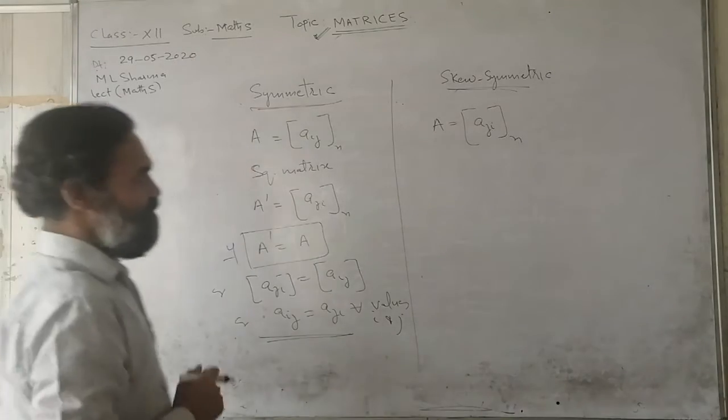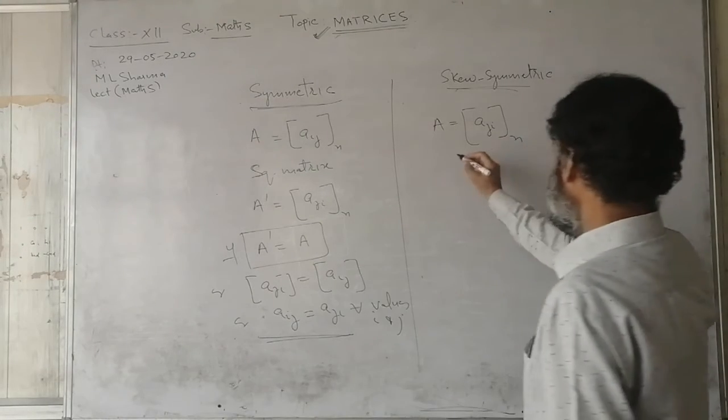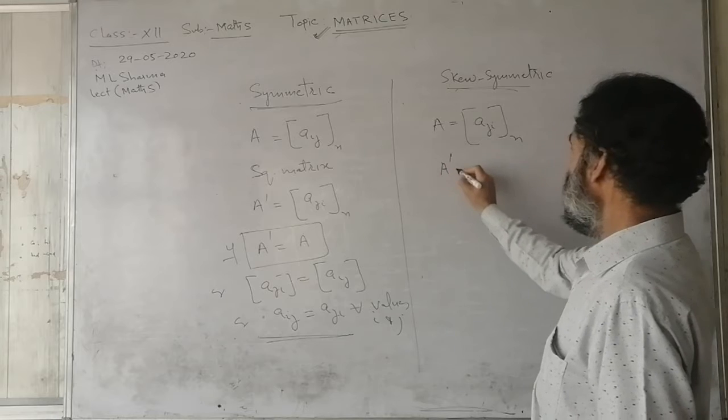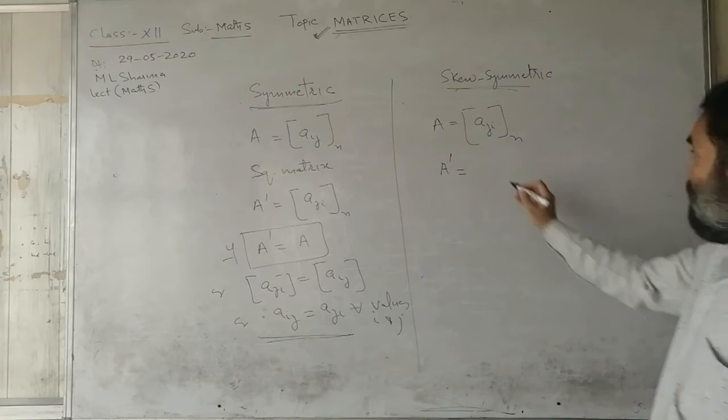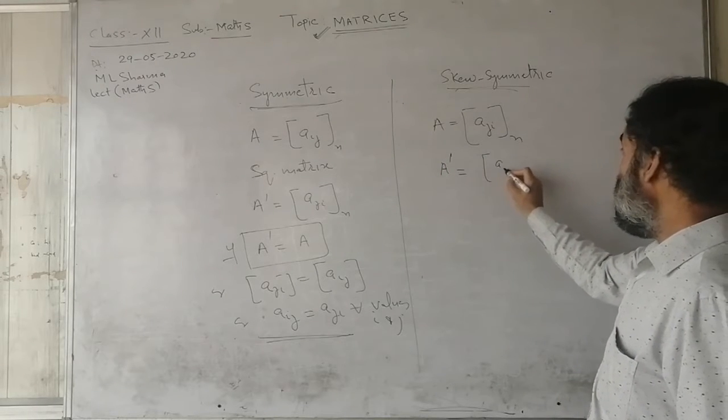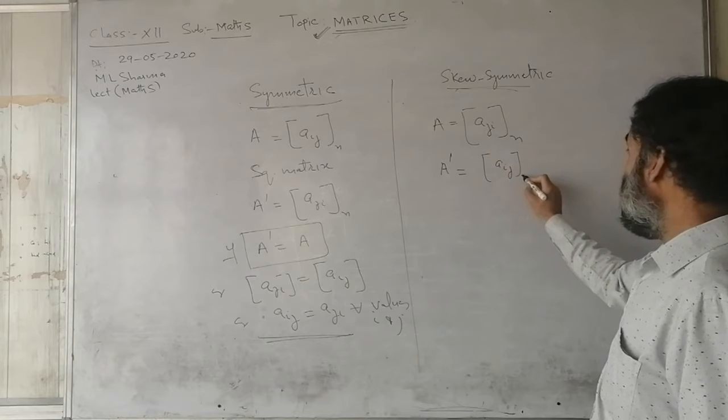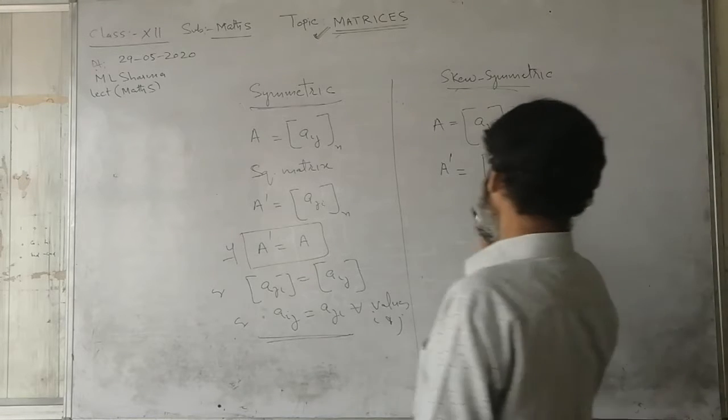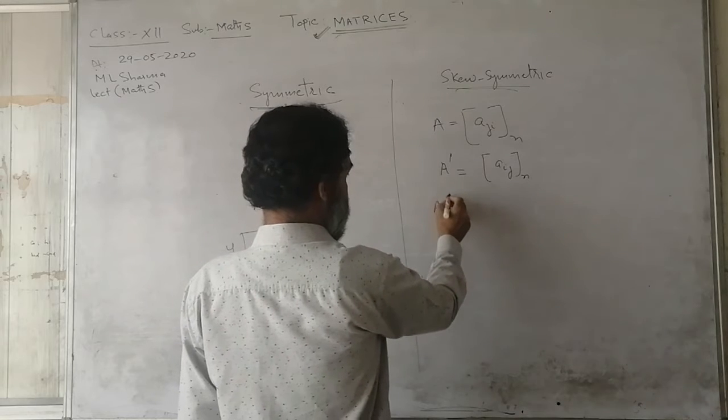So far as skew symmetry is concerned, in this case, if I take its transpose, this will be equal to minus A_ij, and the order will remain the same.